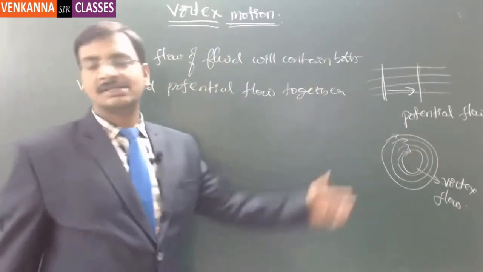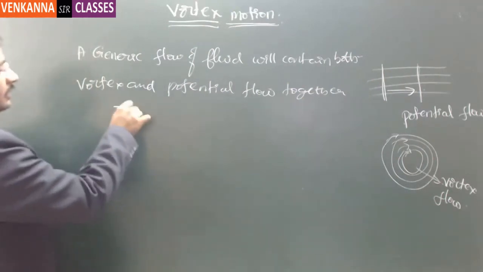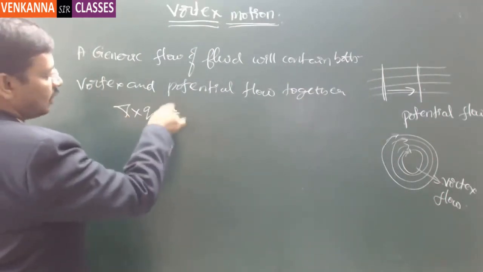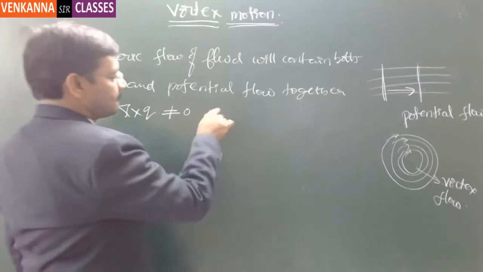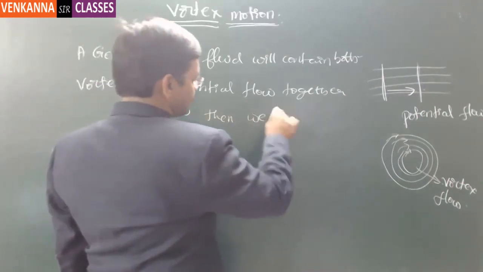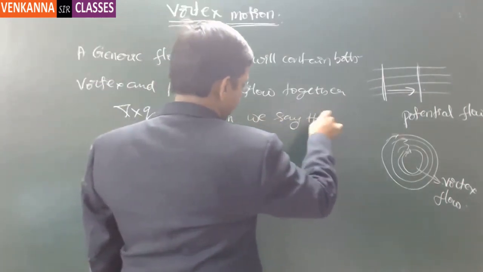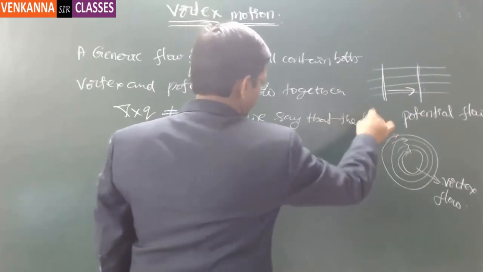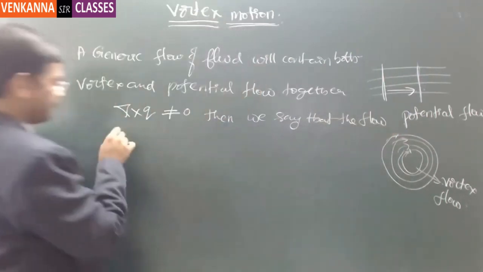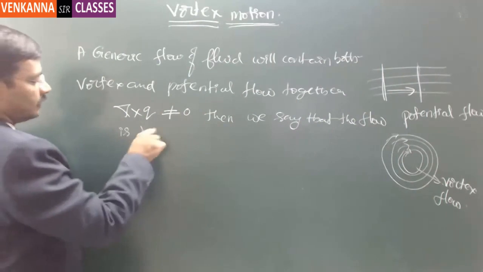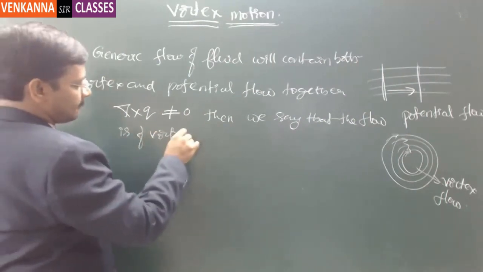Now, a vortex flow is one wherein del cross q is not equal to 0; then we say the flow is of vortex kind.